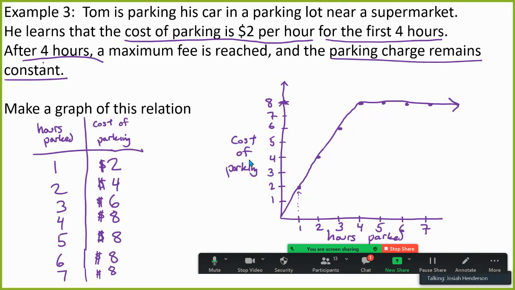There's no reason that I stopped here except that I ran out of room, and I wanted to demonstrate a few terms of it staying at 8, just like you pointed out. We could have gone forward and done 8 and 8, 9 and 8, 10 and 8, and it would continue forever.